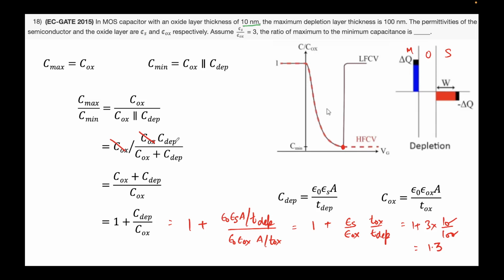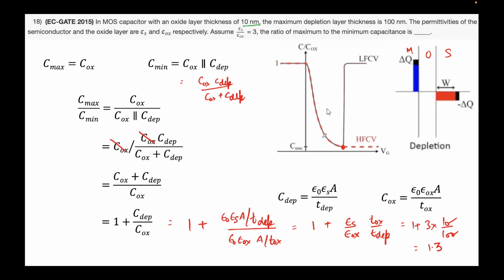Oh no, I think I made a mistake here. Cox plus C dep will be Cox times C dep over Cox plus C dep. No, actually it's correct. Conceptually I'm fine, but my answer key says something different. So I'll make a correction if I find anything in this. All right, but that's how we are doing this.